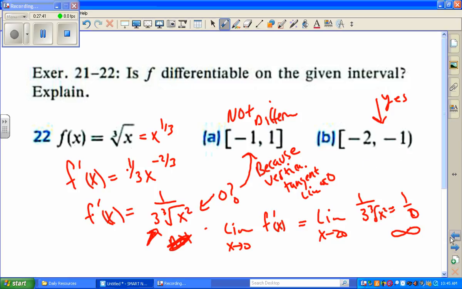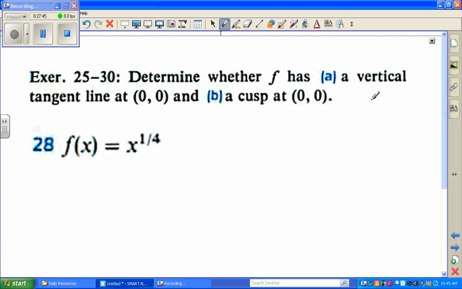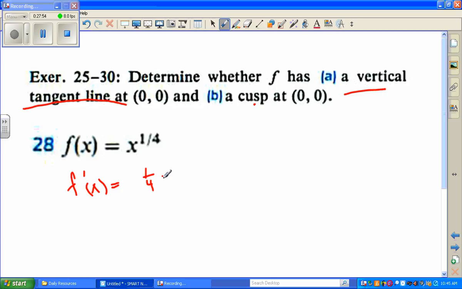Okay? See if there's another one. Vertical tangent line at 0, or a cusp. Well, f prime of x is 1/4 x to the -3/4. The limit as x approaches 0 of 1/4 times the 4th root of x cubed.